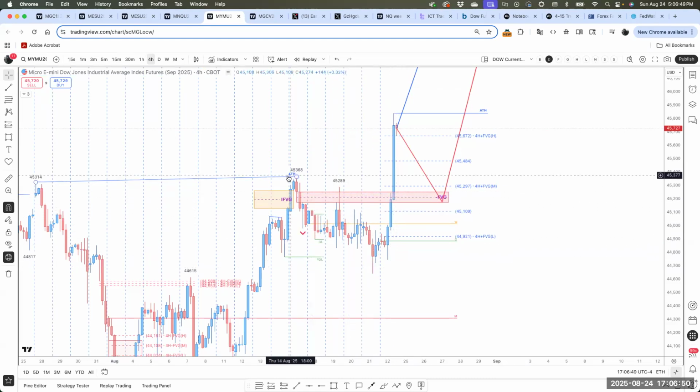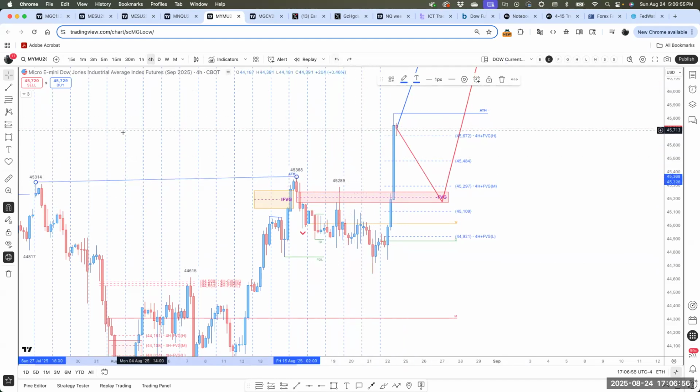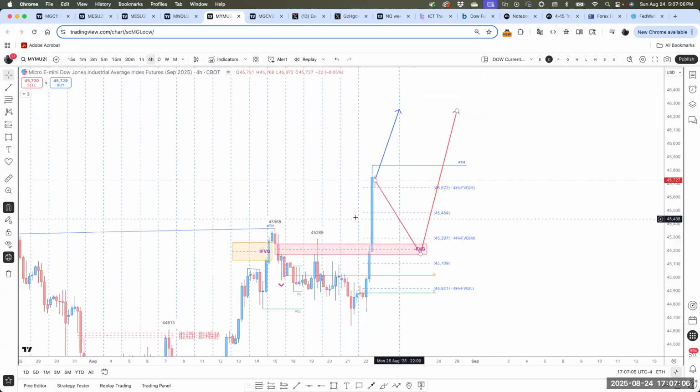Now we got this high right here that gets taken out, and they take it out with a fair value gap, right? So that's also the reason why I'm not looking for it to come all the way back down here, right? Because this high right here, which is an all-time high, got taken out by this particular fair value gap.